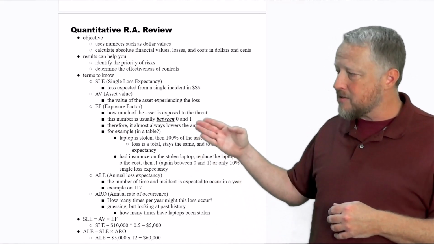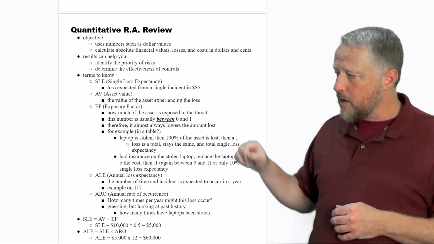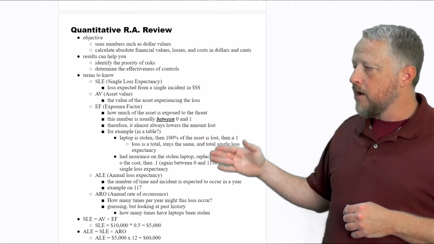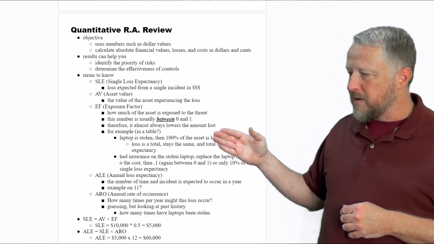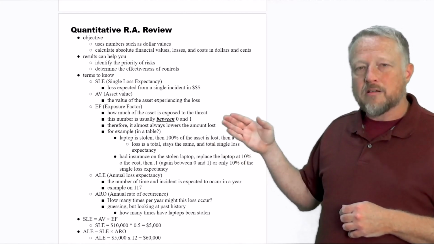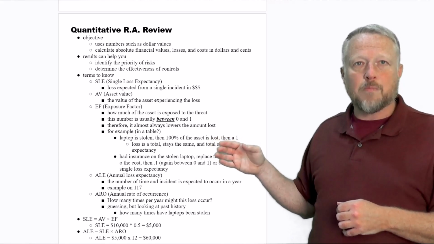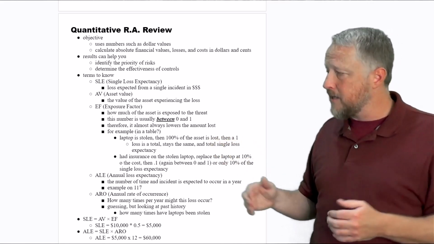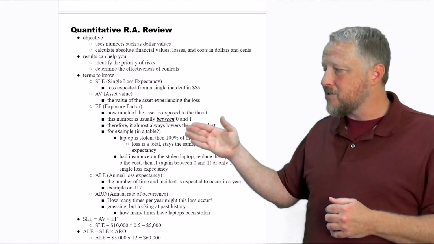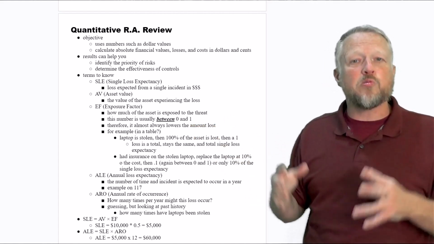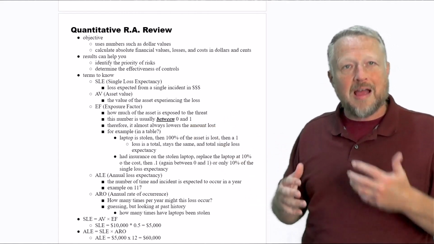So that's going to be an interesting number when it comes to the exposure factor. Because of that, the single loss expectancy number is usually going to come down because, again, this has some type of factor where depreciation is going to happen.